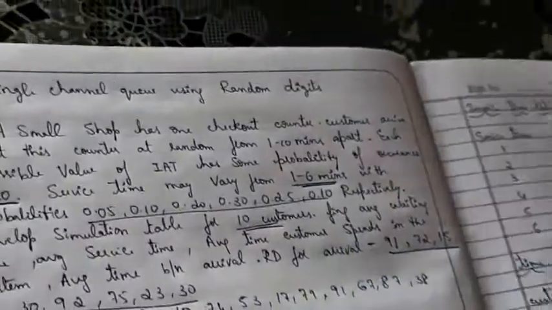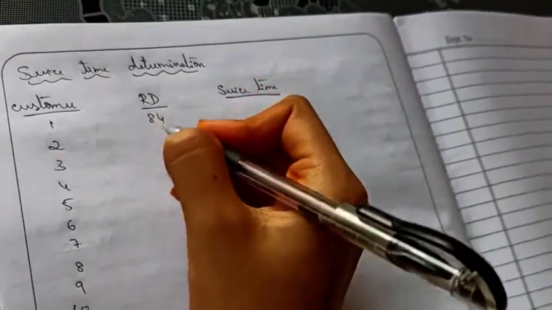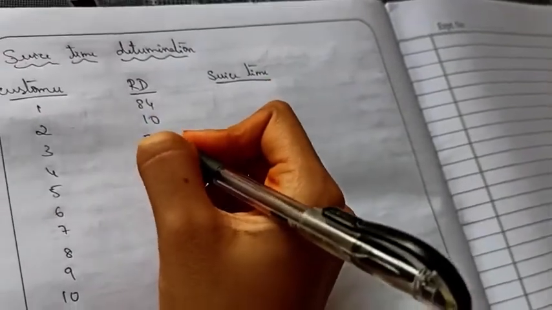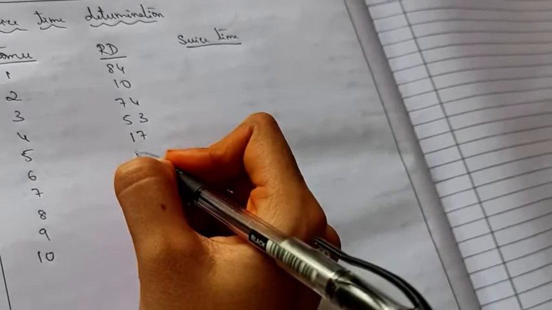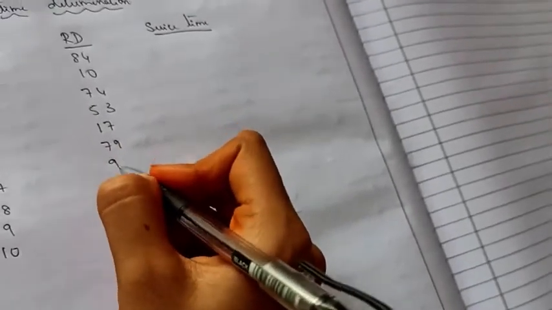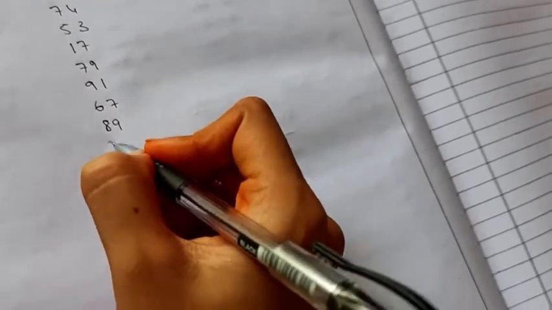The random digits for service time are given over here, so we just go on writing them: 84, 10, 74, 53, 17, 79, 91, 67, 89, and 38.